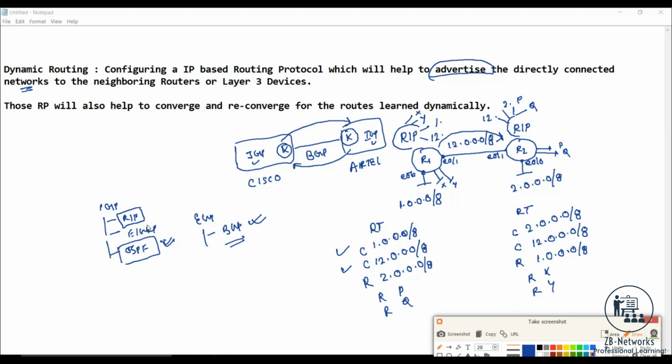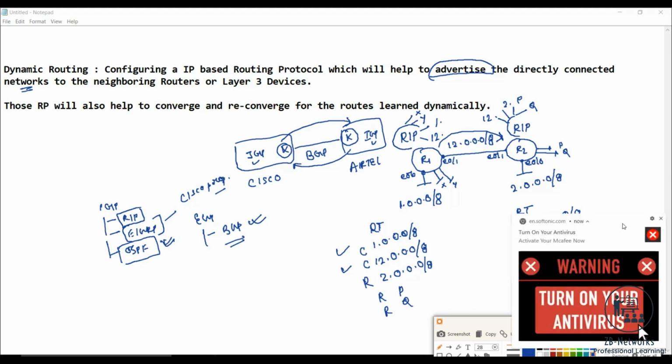And EIGRP, yes, it is a very great protocol. It was made by Cisco, so it is called a Cisco proprietary routing protocol. The case with EIGRP is that it can be used only with Cisco routers.